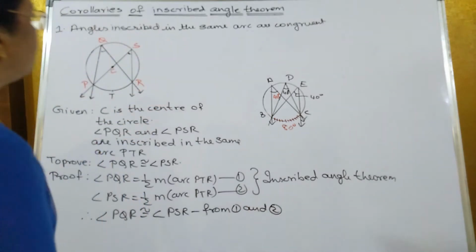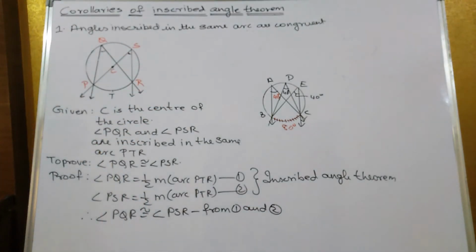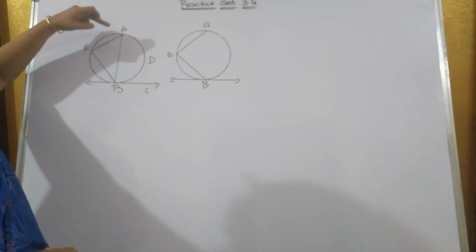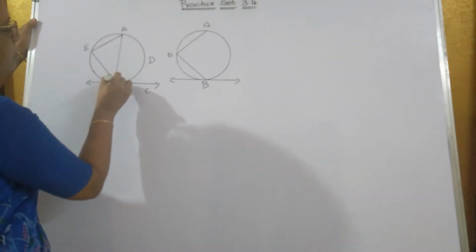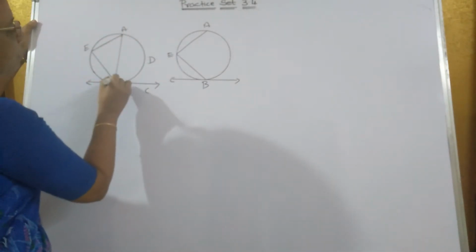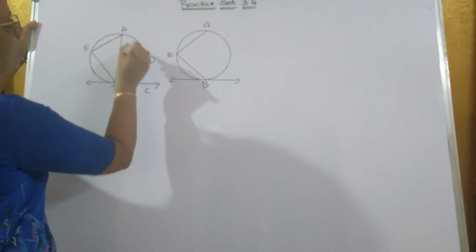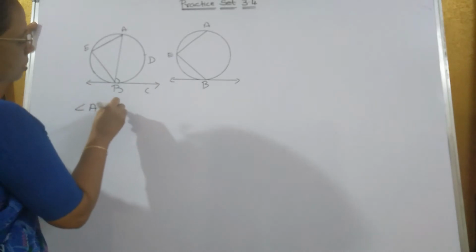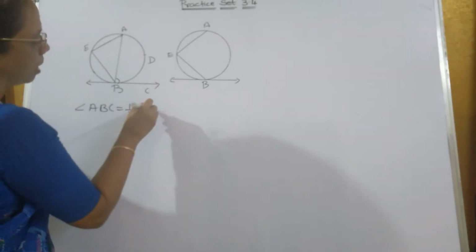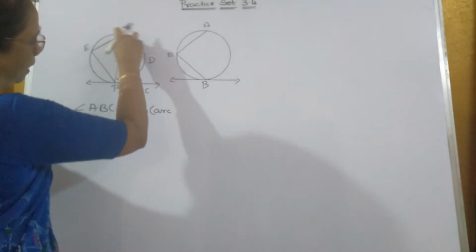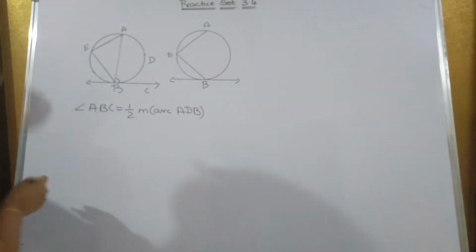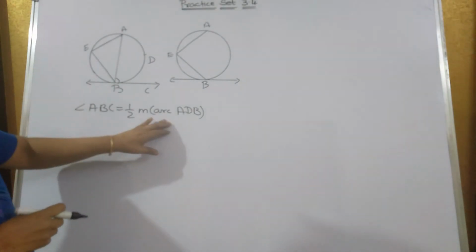Now we will take the next corollary of the inscribed angle theorem. Just now I had explained the theorem that the angle between the secant, that is this secant, and the tangent is always equal to half of this arc, that is angle ABC is equal to half of measure arc ADB. So ABC is equal to half of measure arc ADB, on which basis?